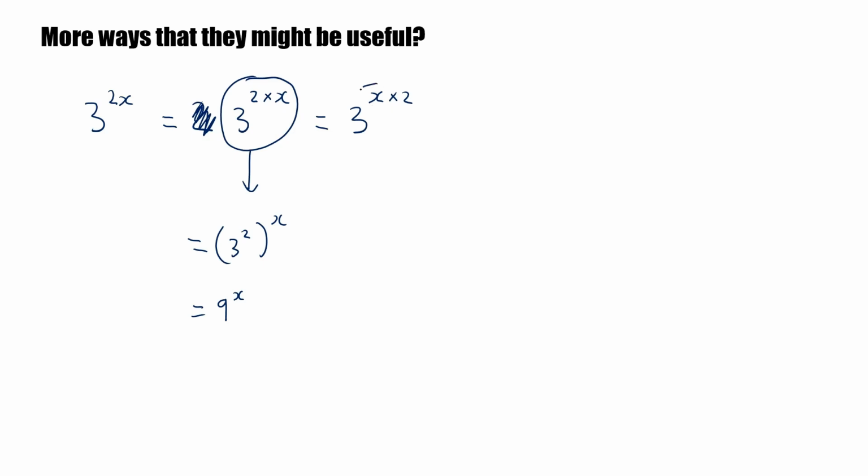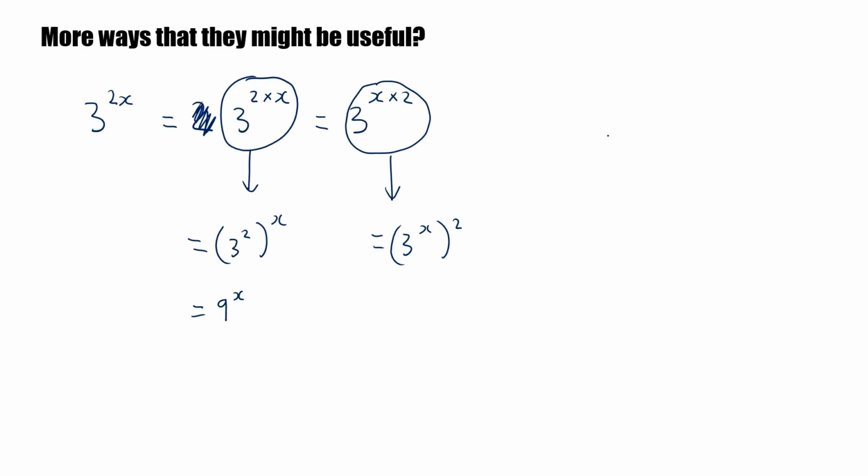But another thing you might want to do is, if we wrote it like this, that might make you view it in a different way, because instead of 3 squared to the power of x, you might now view it as 3 to the power of x all squared. And that might, again, interact with other things in your equation in a different way, depending on what else you have. So it's worth pointing out, depends what you've got in the scenario you're dealing with, you're going to have to adapt, but being able to break things up using index laws is quite important.